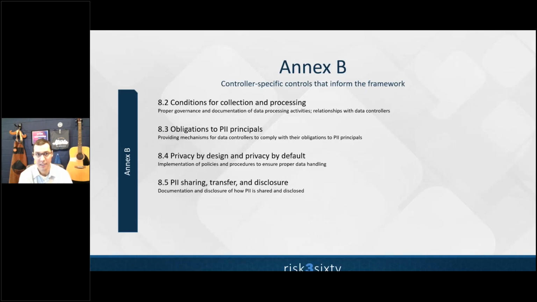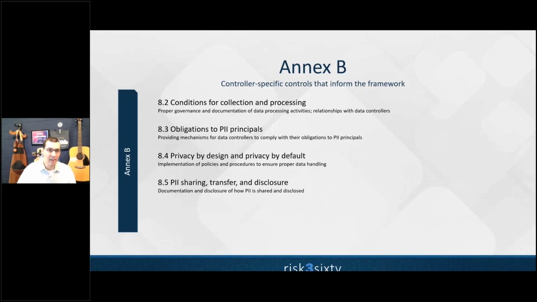So to that end, in 8.2, you see requirements to obtain the controller's permission for any advertising and marketing use of PII provided by the controller, having appropriate agreements in place with the controller, processing only based on the controller's written instructions, handling infringing instructions from the customer.